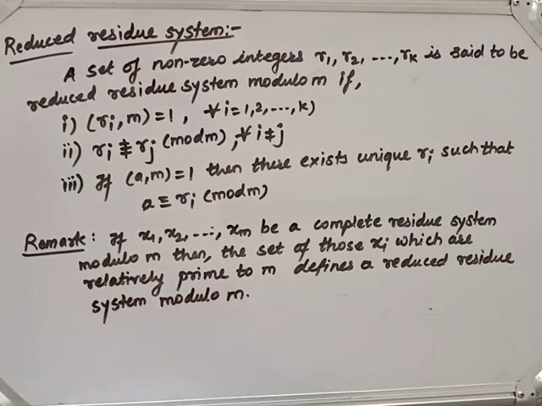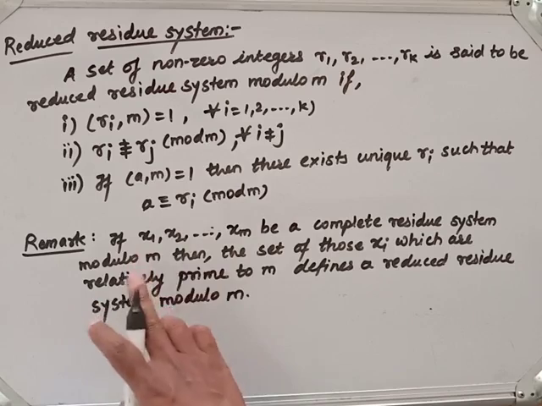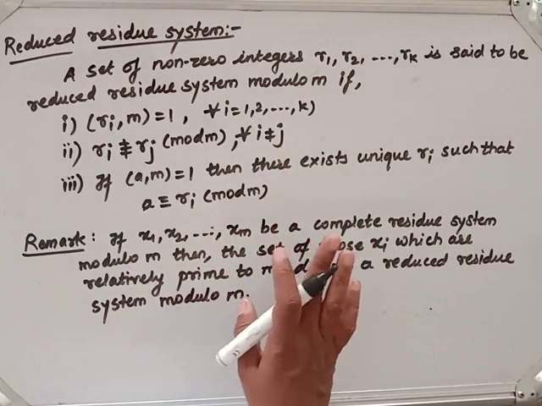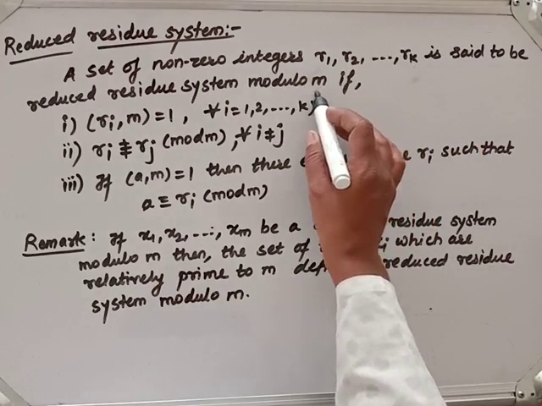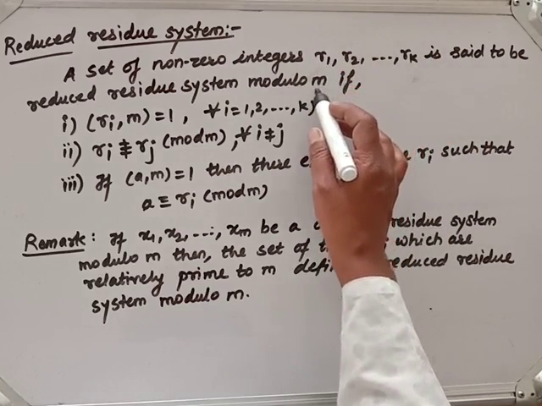Now in a complete residue system, whatever the value of m, the number of integers should be m. That is the condition. But in a reduced residue system, that condition is not compulsory. This k may differ from m. These are different things. Here the number of elements may be less than m.